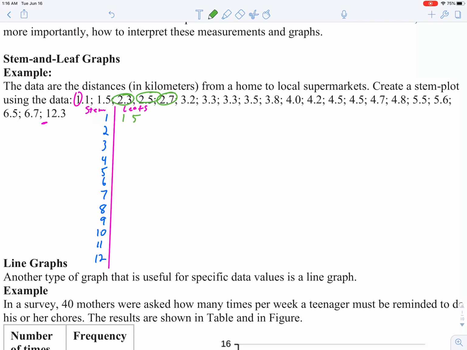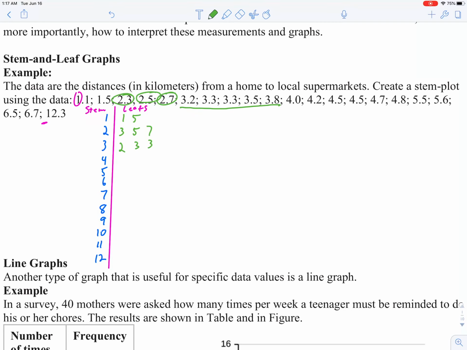Now we look at the stem of 2. We have 2.3, 2.5, and 2.7. So we'll write 3, 5, and 7. Notice how I'm trying to line these up and space them out somewhat evenly. Now for a stem of 3, we have multiple 3's to the right of the decimal place.